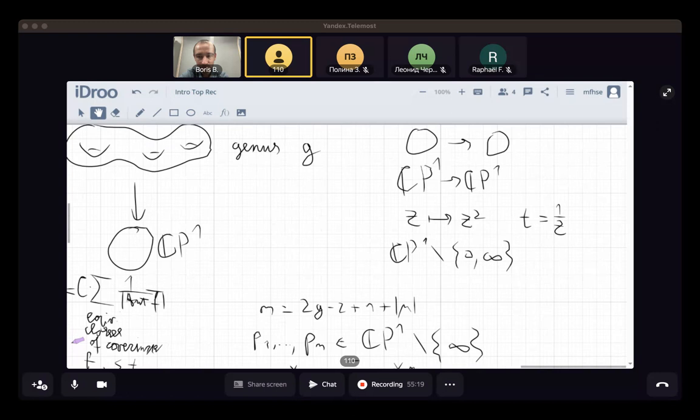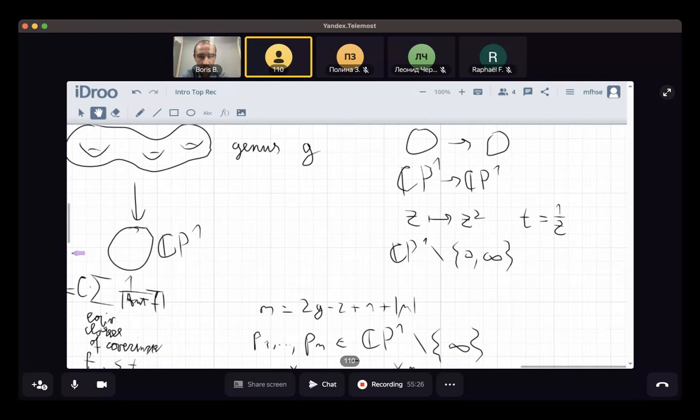Z to Z squared. What are the automorphisms of this covering? An automorphism is some map upstairs here, let's say A. It's a homeomorphism of the sphere here, such that if you take the composition of A with your covering F, it remains the same.